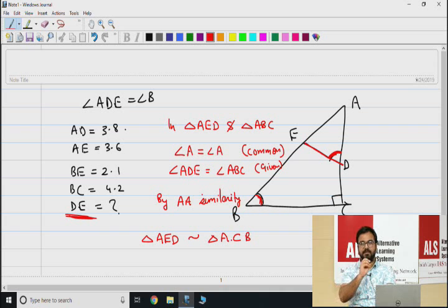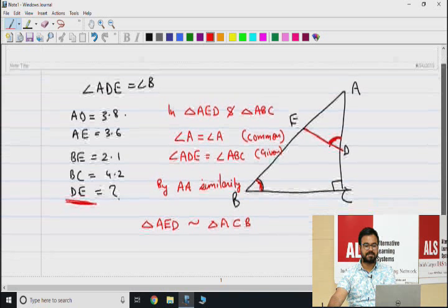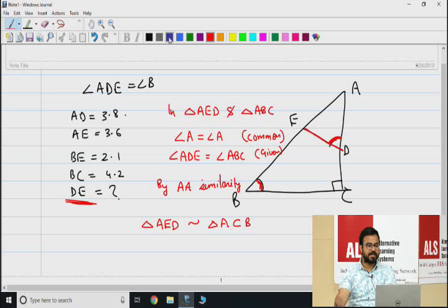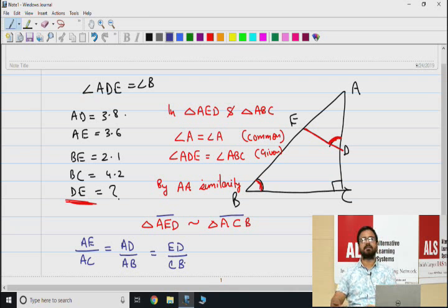After writing this notation of similarity, we can use the ratio of the sides. We can write the ratio of the sides as AE upon AC, the first two letters from here and the first two from the other triangle, is equal to AD upon AB, and that is equal to ED upon CB. This is the relation we can write after proving them similar.